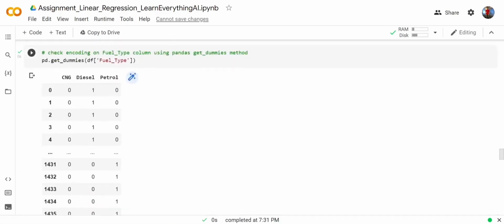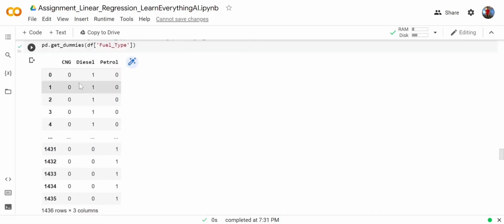It took some time, and as we can see, it is assigning the values.